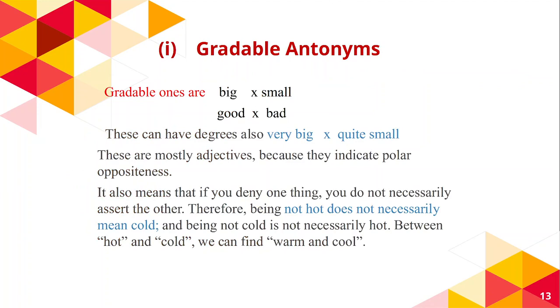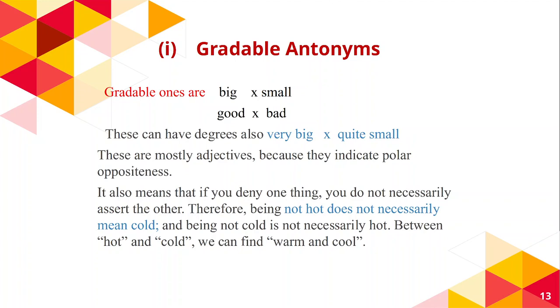Gradable antonyms can be understood by examples like big versus small, good versus bad. These opposites have degrees. You can also say very big or quite small. Such lexemes are mostly adjectives and they indicate polar oppositeness.